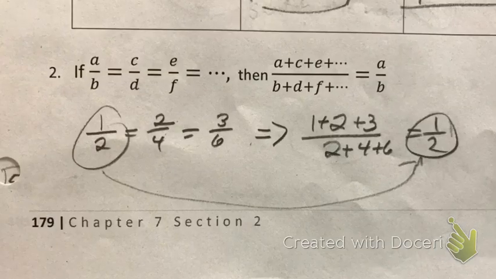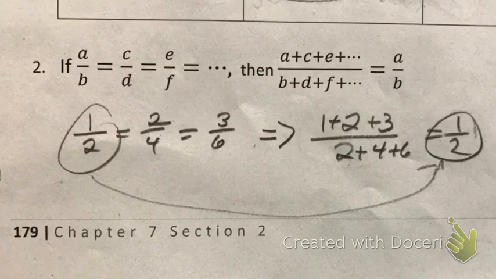On page 179 it says, if you have A over B equals C over D equals E over F, and you add all your top things, so that would be all your sides, added to all your corresponding sides, it equals that smallest fraction, which would be your scale factor. Good? Okay. Make sure you maybe highlight that in your notes so you know not to forget that for a test.